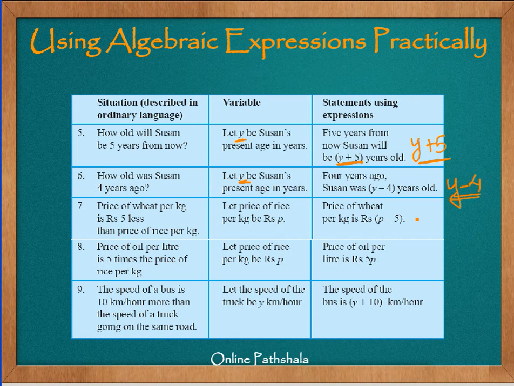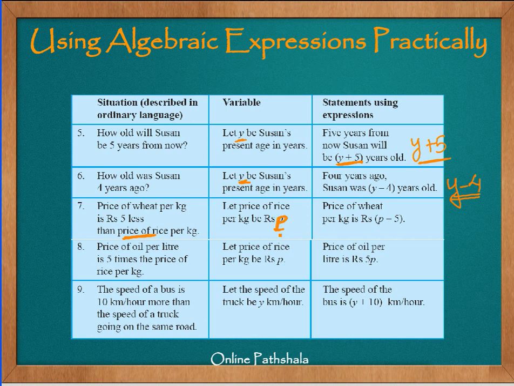Now let's take the seventh example, which says that the price of wheat per kilogram is rupees 5 less than the price of rice per kg. So I know the price of wheat is related to rice, but I don't know the price of rice. So we use a variable to denote the price of rice per kg to be rupees p.